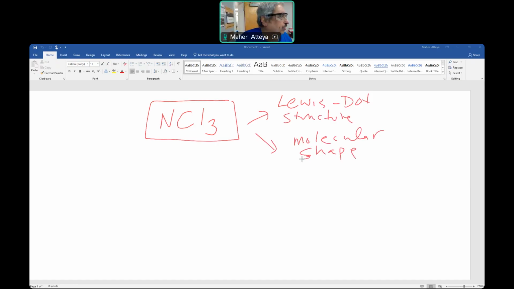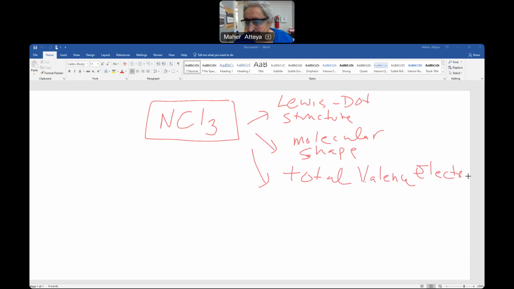Okay, so we need to think about this, and maybe the total VEs. So 3 things from this. It turns out that because both of them are electronegative atoms, chlorine and nitrogen, and we have 3 of chlorine, nature will not allow 2 electronegative atoms near each other.